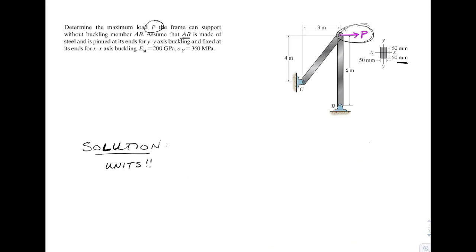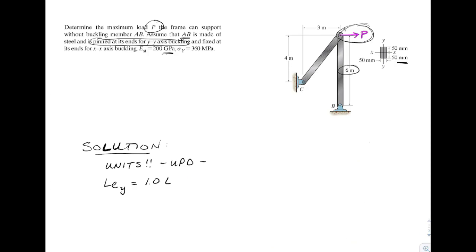We've got cross sections in millimeters, we've got length in meters, got gigapascals. So units will have to be assessed, and the effective length up here in the problem statement says it's pinned for the YY axis. So LEY is going to equal 1.0 times the length.